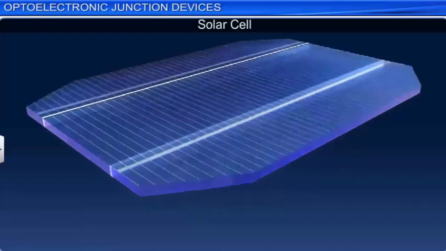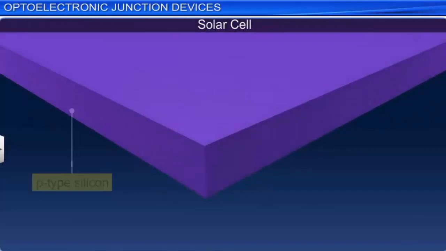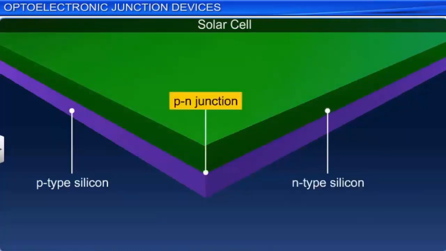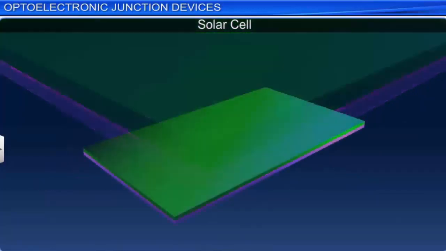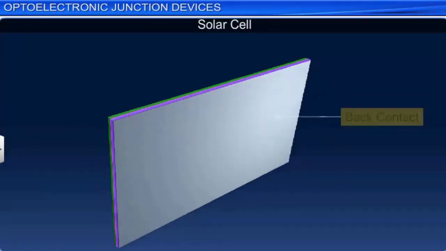A solar cell consists of a thin, flat wafer of p-type semiconductor on which a very thin layer of n-type semiconductor is grown to create a p-n junction with a large surface area. The back of the p side is coated with a metal to form a metallic back contact.